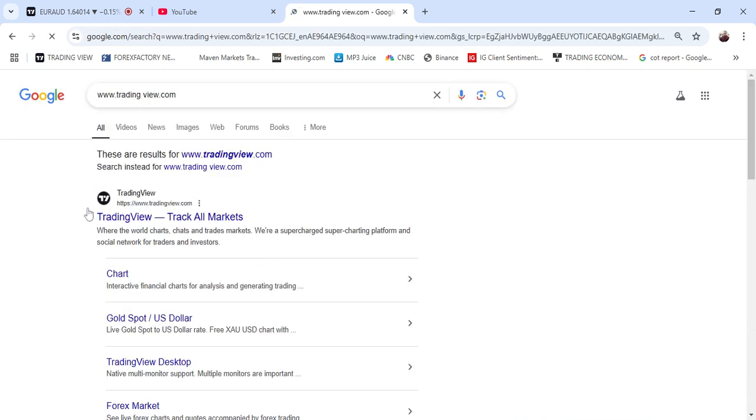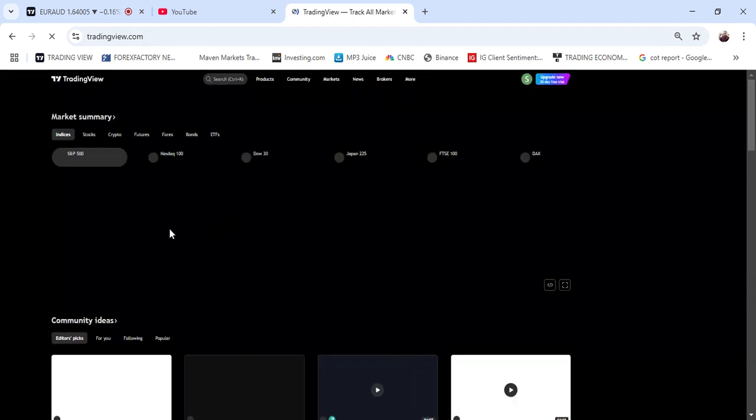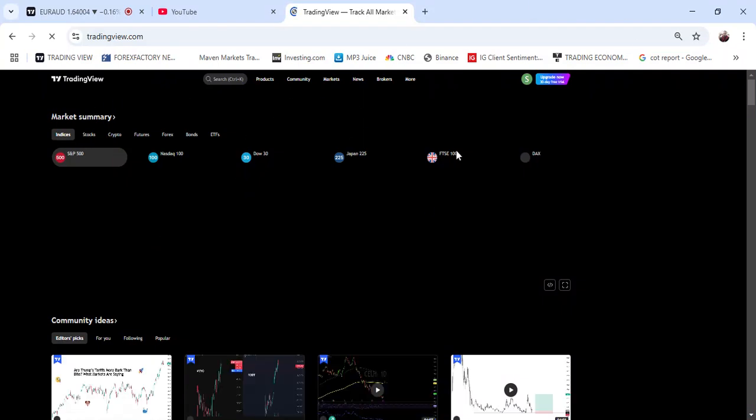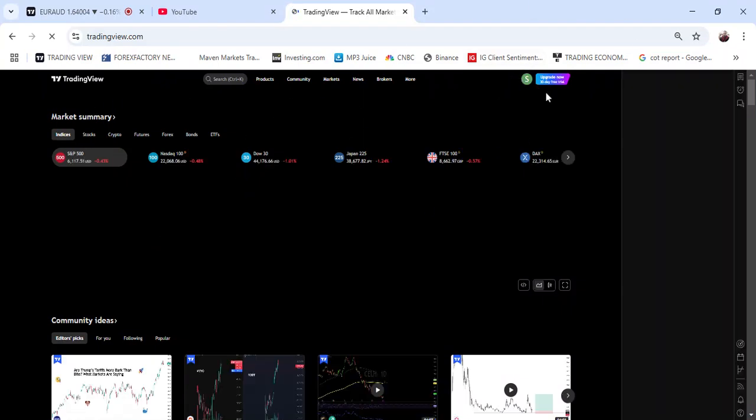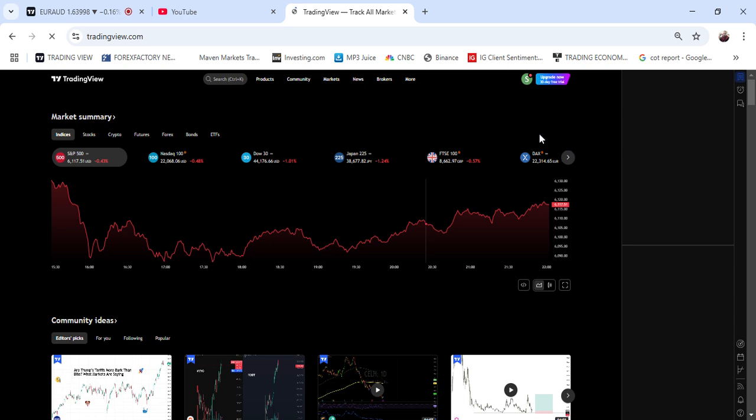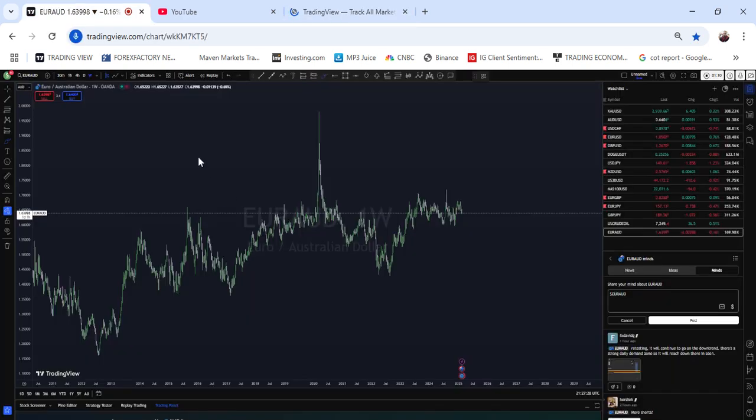Once you get this, this is the search icon here, you just click on the subheading here, TradingView, all markets. Once you're done, you just head to the login. You use your email to sign into TradingView. You receive an email from TradingView to authenticate your account. Once you're done, this is how it will look.